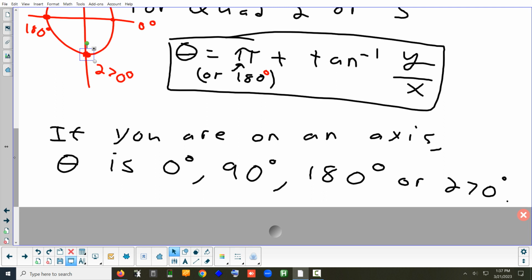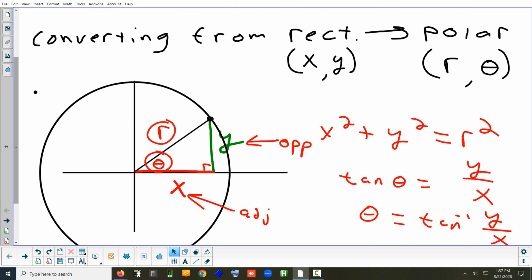So that takes care of the angle. And what's the other thing that we need in polar besides the angle? We need the radius. And how did we say we were going to find that? Right. The radius is the hypotenuse of a triangle. I'll go back to this picture. X is the base, y is the height.